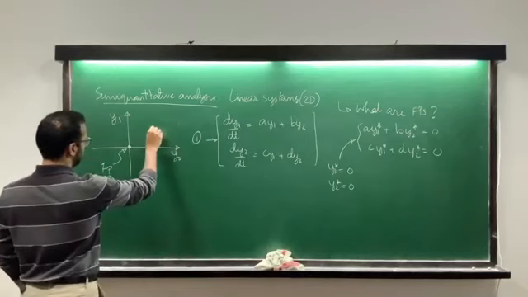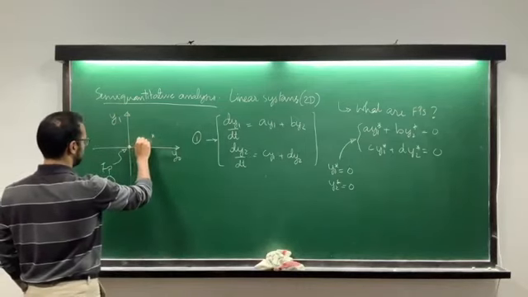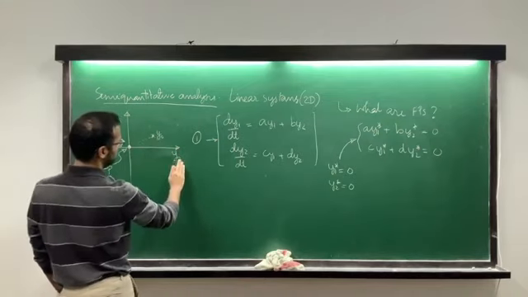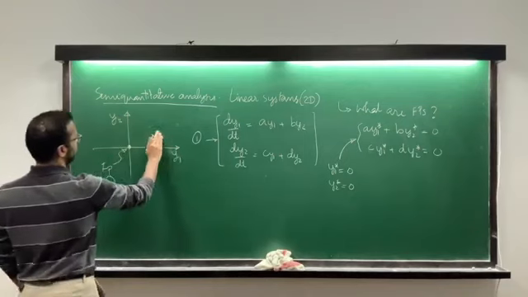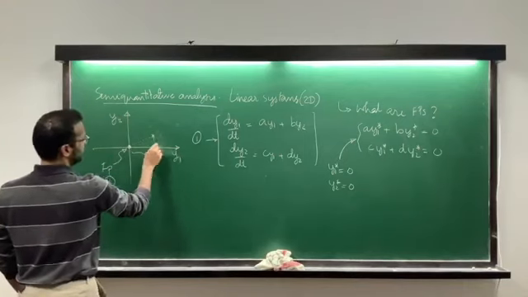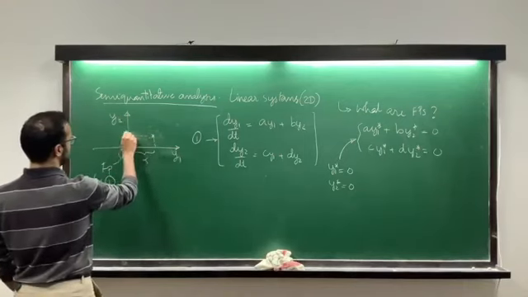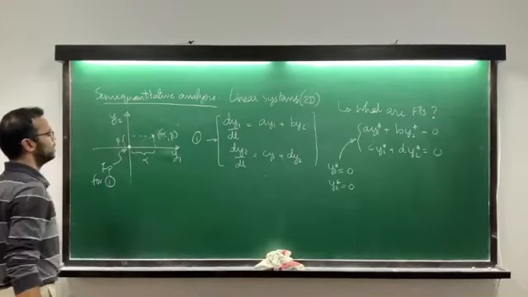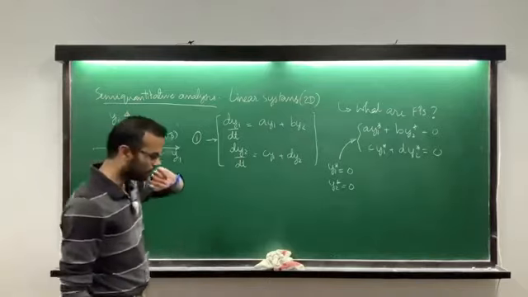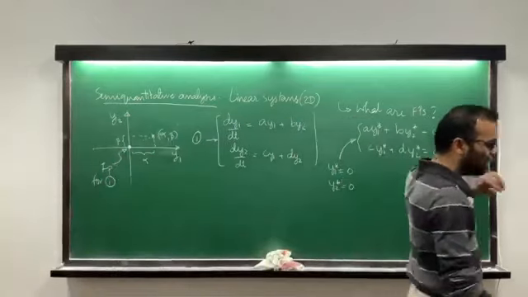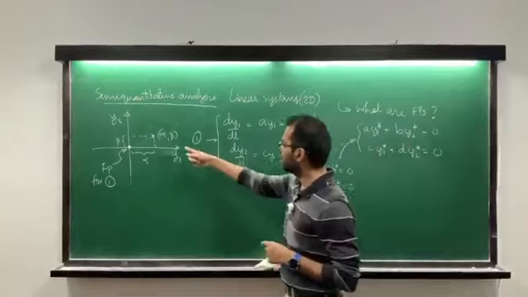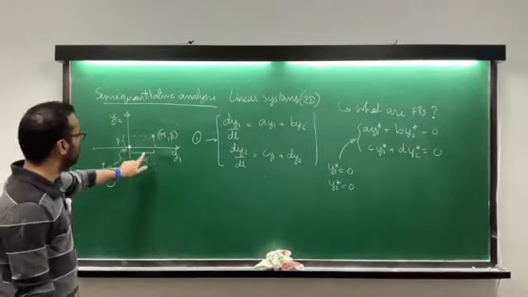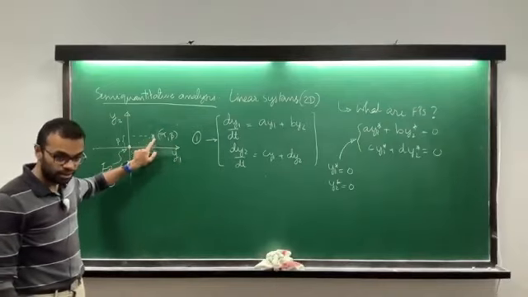If I start here at some arbitrary initial point, in the y1, y2 plane, with alpha on y1 and beta on y2, so I'm starting at the initial location alpha comma beta, presumably close to the origin, since that's the only fixed point, what will happen to a trajectory with this as initial conditions?